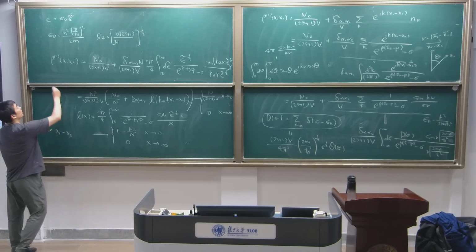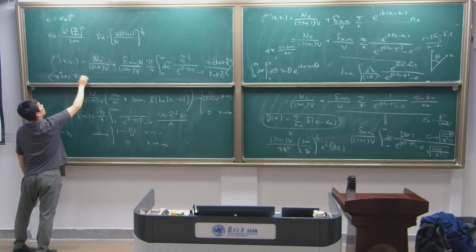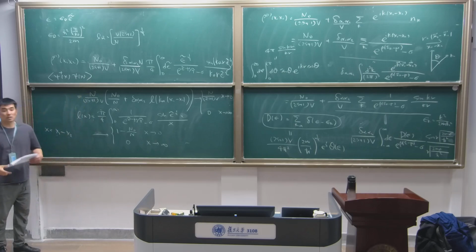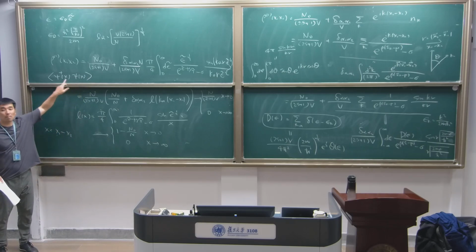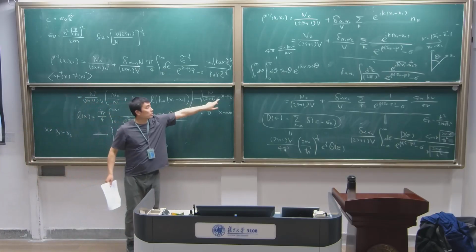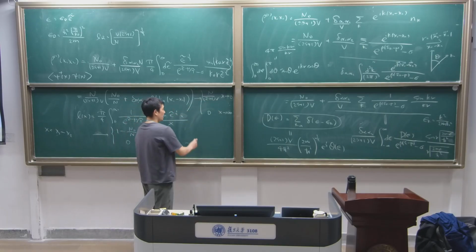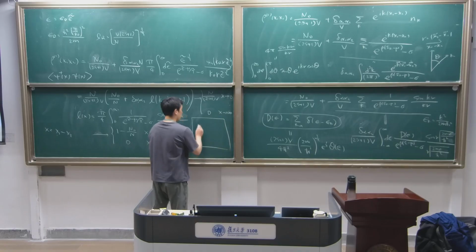When you set x1 equal to x2, this essentially becomes the number density operator. Therefore, when x goes to 0, n over 2s plus divided by b. So which means that the system has n particles in volume b.